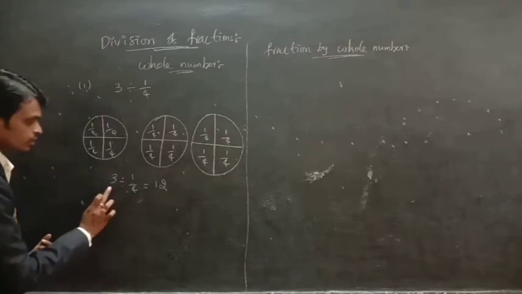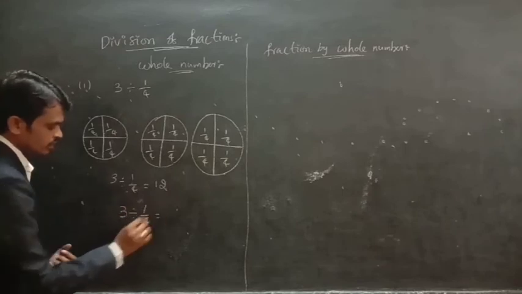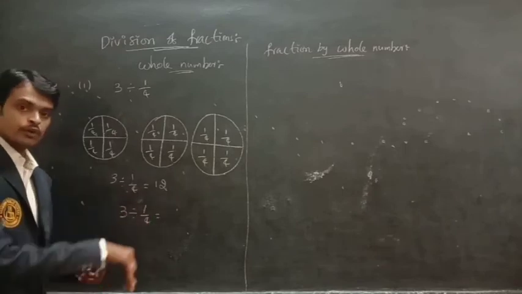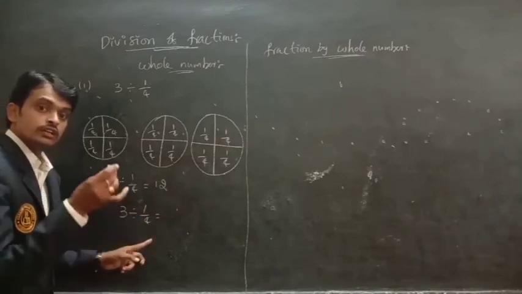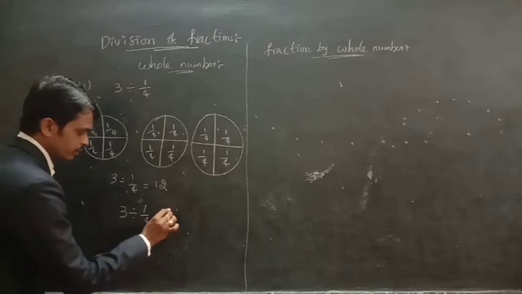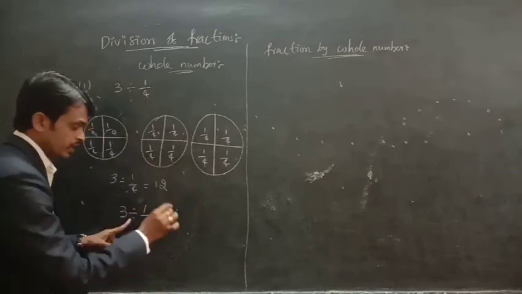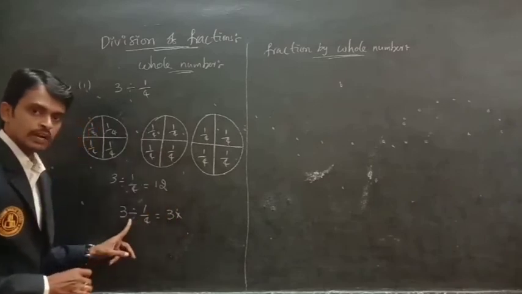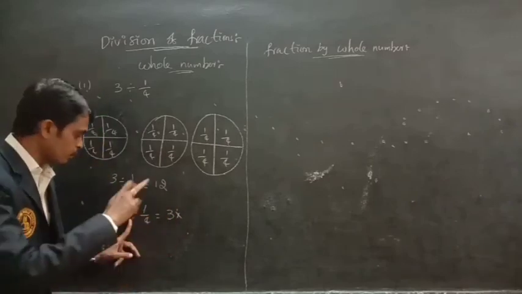So here, 3 divided by 1 by 4. The reciprocal of 1 by 4 is 4 by 1. Then this division will change into multiplication, since we are changing to the reciprocal.